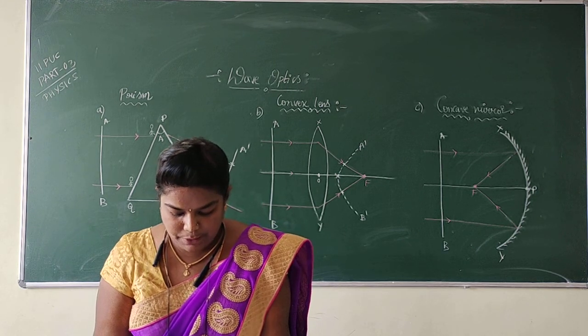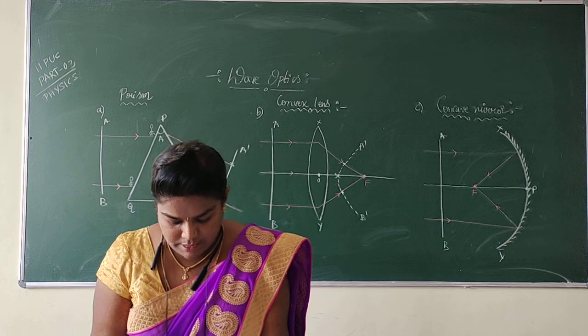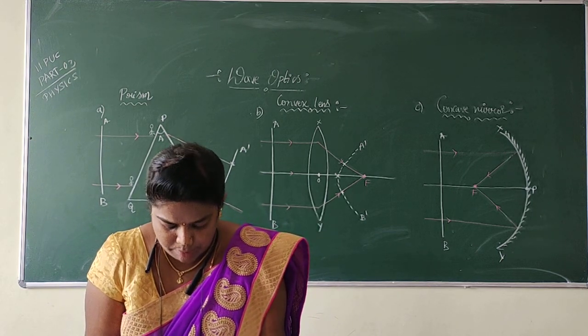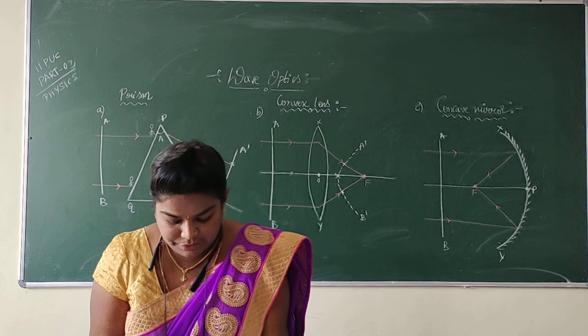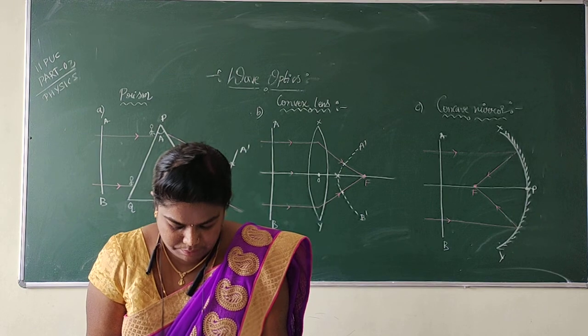Full stop. Next point: but the peripheral portion has to travel the smallest distance before getting reflected. Full stop. Therefore, the reflected wavefront is a converging spherical wavefront. Full stop.